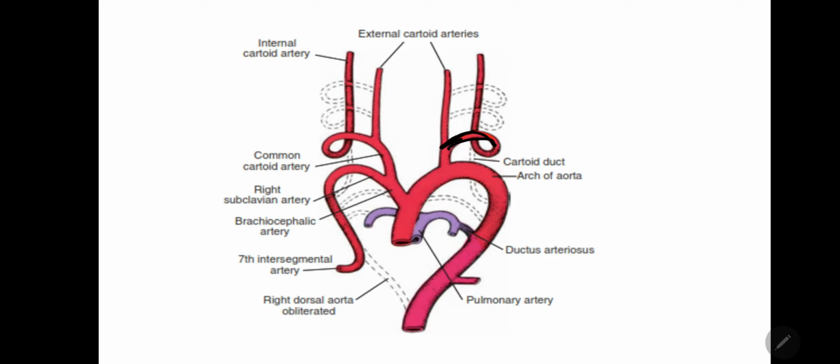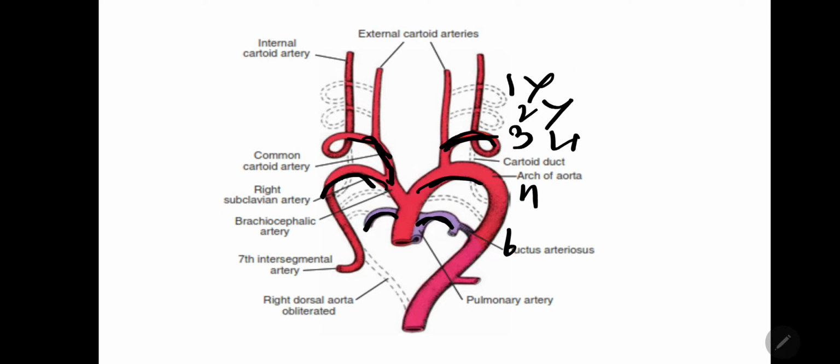Fourth is here, and sixth is forming the primitive pulmonary artery. So third, fourth, sixth. First to develop are the first and second aortic arch arteries, and they disappear. Third is large. Fourth and sixth are forming.